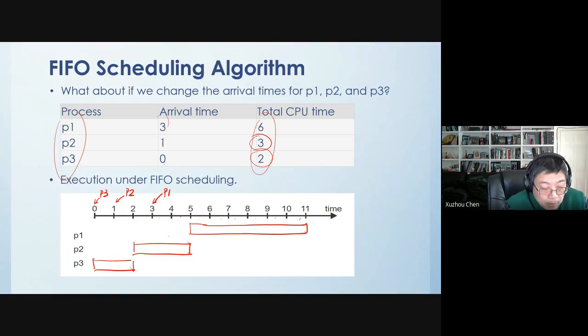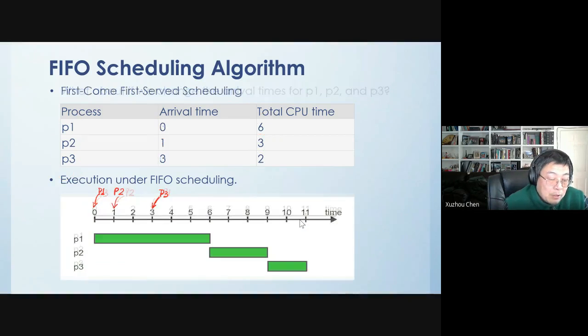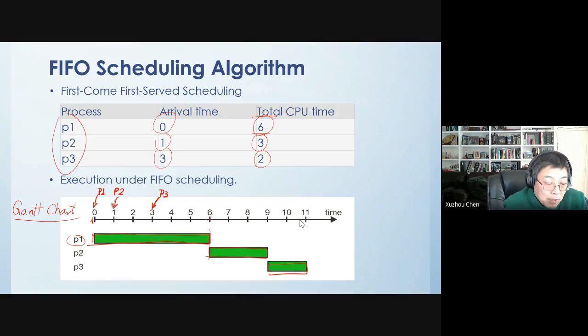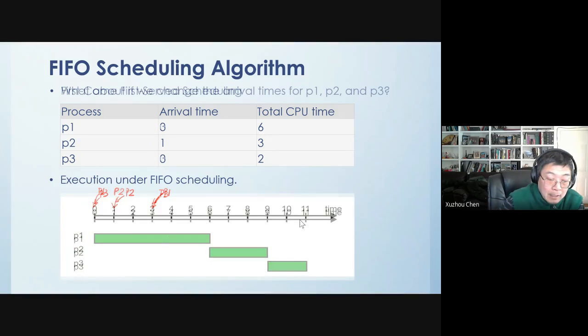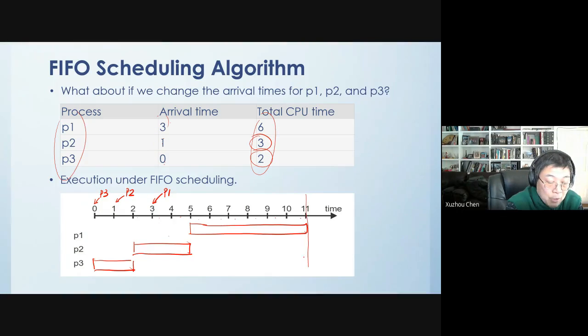If you look at the total CPU time for all 3 processes, they complete at time 11, and here they also all complete at time 11. You're probably going to ask, well, the total is still 11, so what's the difference?